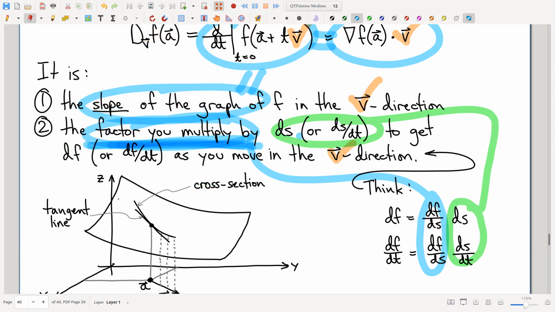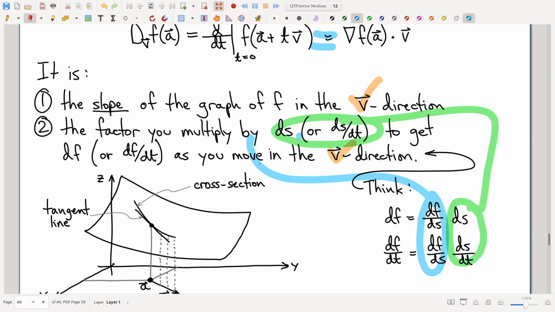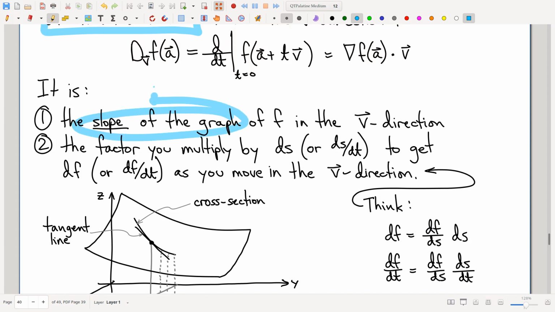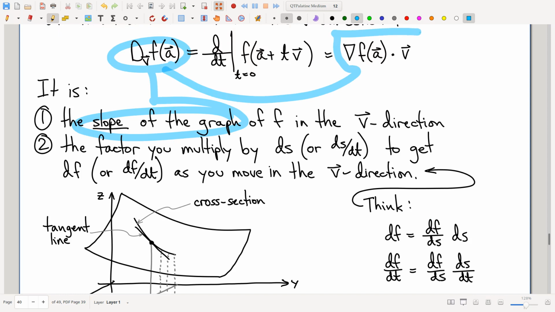Let me clean up the mess. A lot of stuff on here. It's just too much. Overwhelming. There we go. Okay. Slope of the graph is directional derivative. How am I going to compute it? I'm going to compute it with this formula right here. I like this formula a lot. The thing I like about this formula is it's the gradient, which is made up of partials, which are the world's easiest derivatives, and then a dot product.